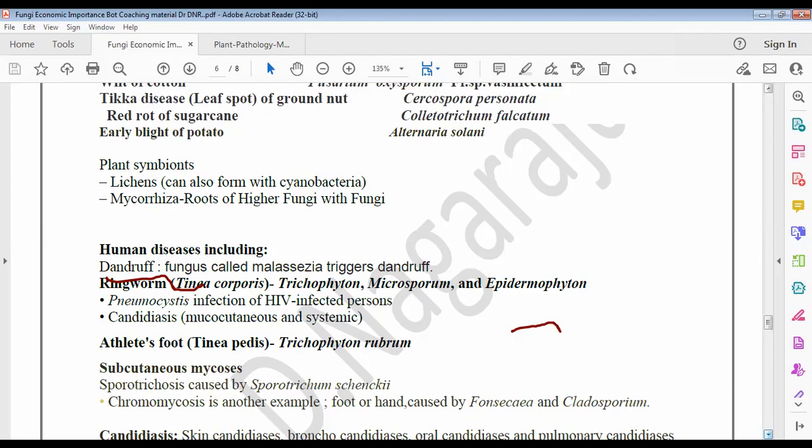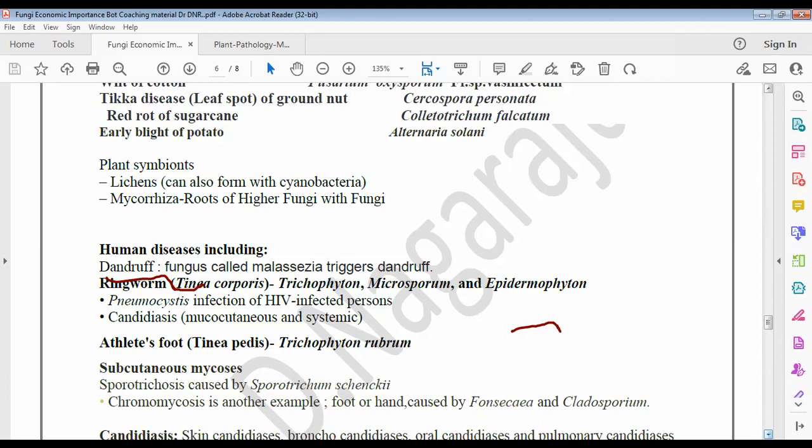If your head is in wet condition, you will get dandruff. Don't use others' comb; it spreads from one person to another. Use your own comb. Dandruff on your head totally eats your hair. That is Microsporum or Malassezia fungi.